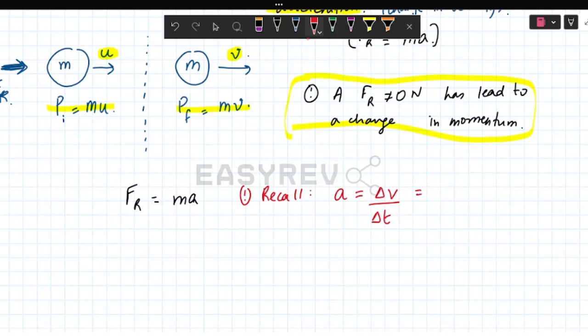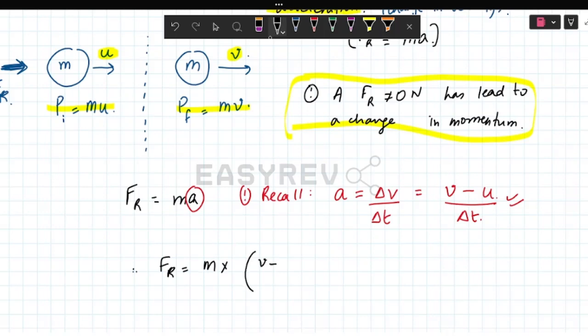A change in velocity, if you think about it, is nothing but basically the final velocity v minus the initial velocity u. So let me take this expression and plug it into the quantity of a in Newton's second law. In which case I get the resultant force equals mass times (v minus u) over delta t.